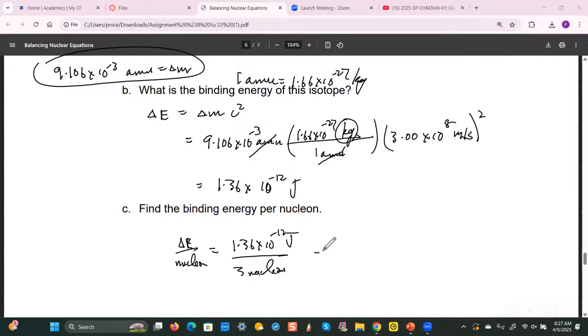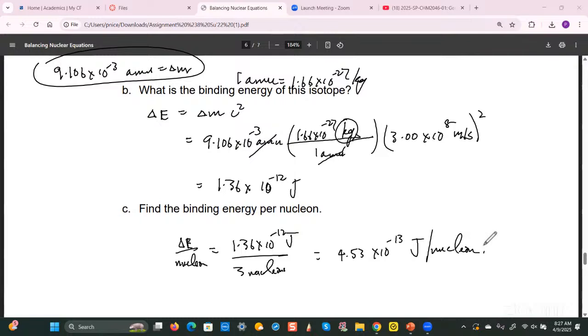Dividing by 3, this works out to 4.53 times 10 to the minus 13 joules per nucleon. And that's how you do that.